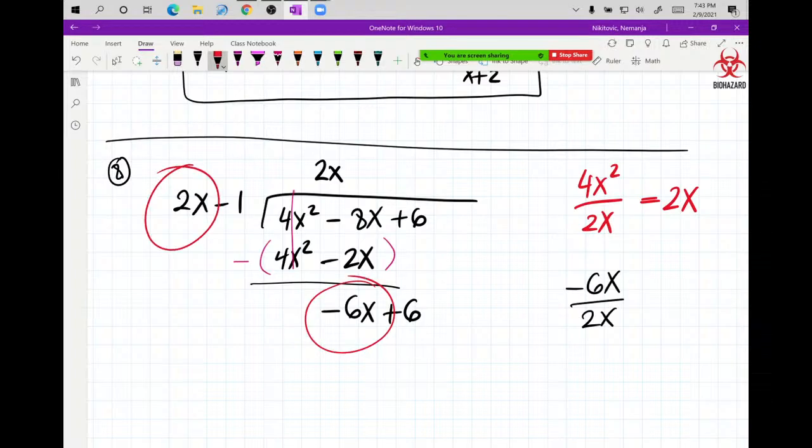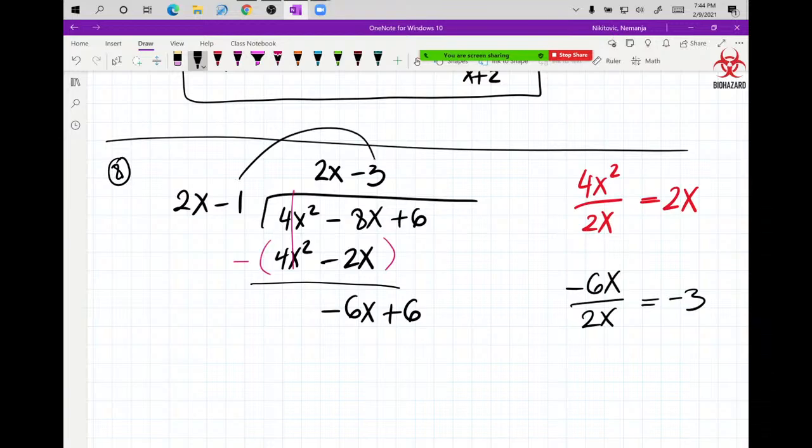You divide this by that. The same thing like when you do with numbers. And that gives you negative 3 when you cancel the algebra there. So, boom, negative 3. And now, you multiply that negative 3 back into both of these. You get negative 6x plus 3. You subtract them.